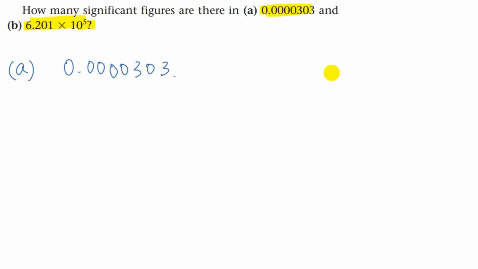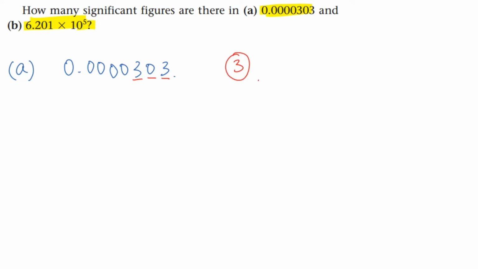The rule is that leading zeros are not significant. Therefore the significant figures are 3, 0, and 3. So the total number of significant figures in part A is 3.